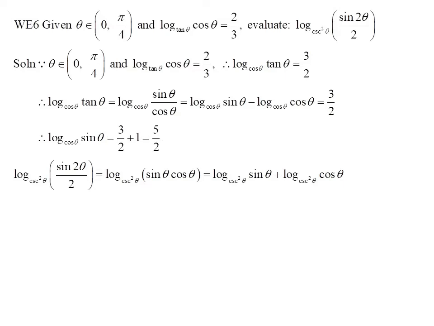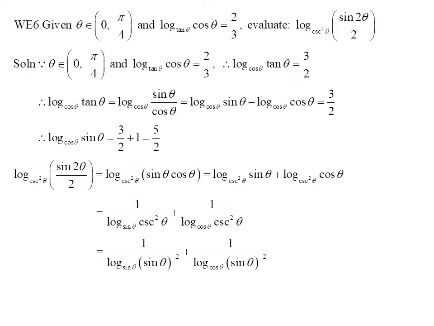Since logarithm base cosecant squared theta of sin 2 theta over 2 equals logarithm base cosecant squared theta of sin theta plus logarithm base cosecant squared theta of cosine theta, which can be expressed as the reciprocal of logarithm base sin theta of cosecant squared theta plus the reciprocal of logarithm base cosine theta of cosecant squared theta.